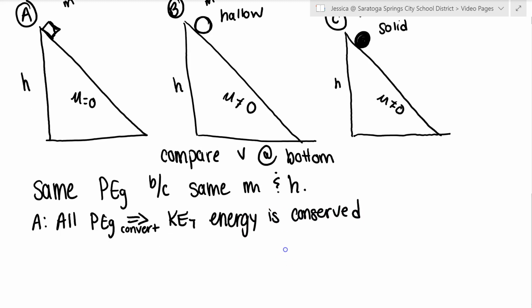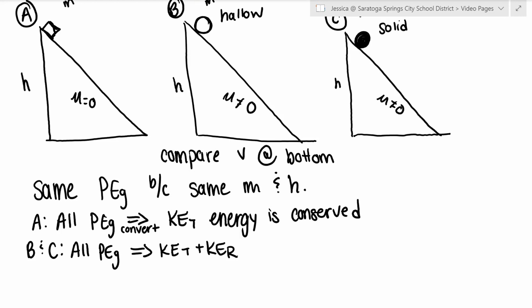In B and C, all of that potential energy is going to convert to not only translational kinetic energy because we're moving down the inclines, but also rotational kinetic energy because these objects have a torque that will allow them to roll.